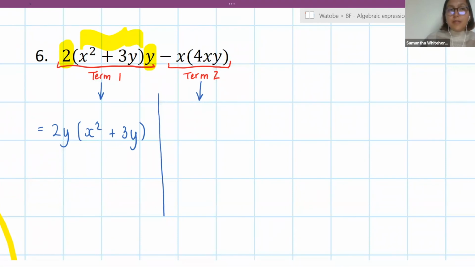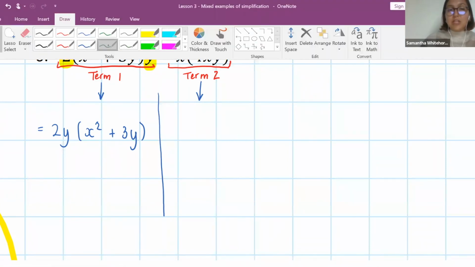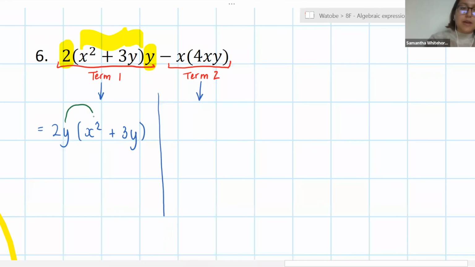From that point, I now want to simplify each term. So I want to now multiply 2y with x squared and 2y with 3y. So if we do those quickly, 2y times x squared is 2x squared y. And again, you can remember your SNV to do these multiplications.